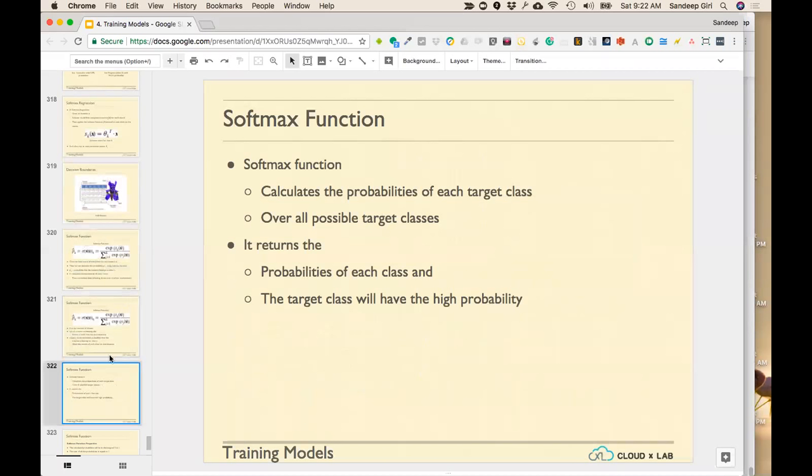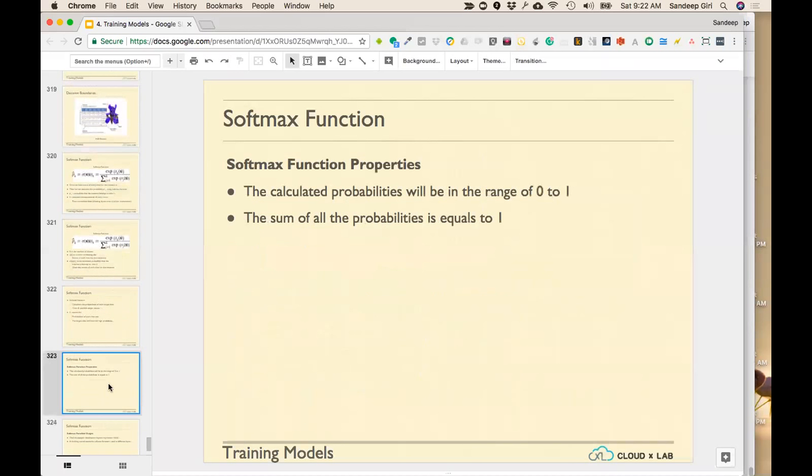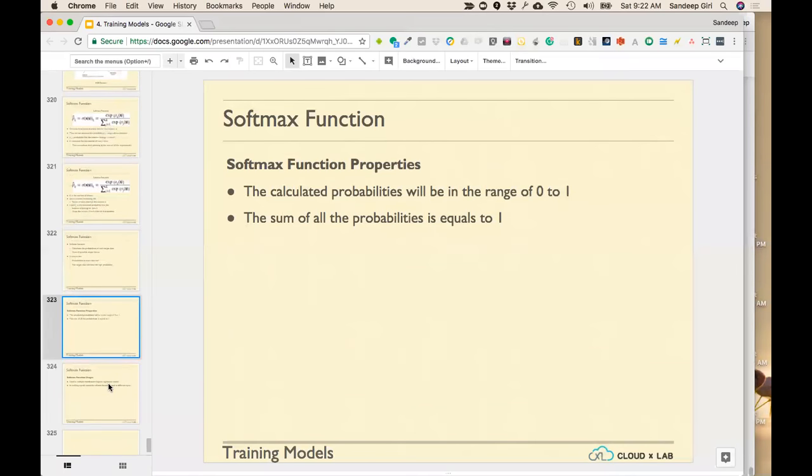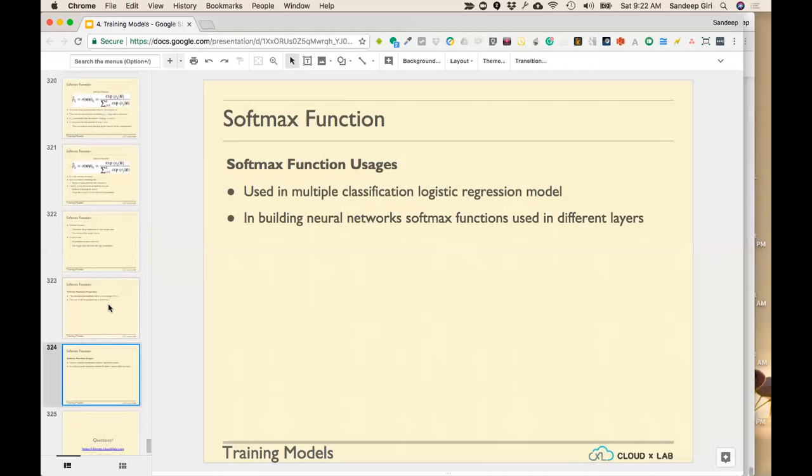It returns the probabilities of each class, and the target class will have the highest probability. The calculated probability will be in the range of 0 to 1. The sum of all probabilities is going to be 1, and it is used in multiclass logistic regression models, in building neural networks and so on.